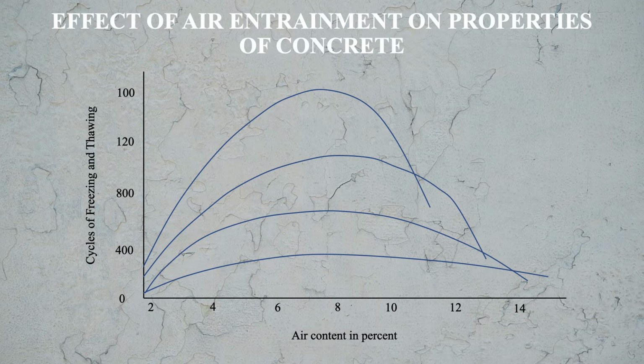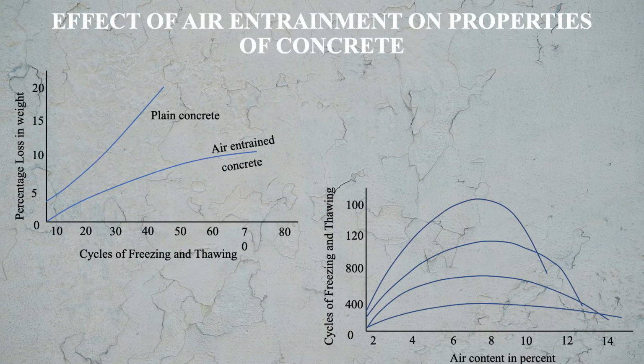On the x-axis you see the air content in percent, and on the y-axis the cycles of freezing and thawing. So from the two figures you see the advantage of air entrainment in conditions of freezing and thawing in concrete.